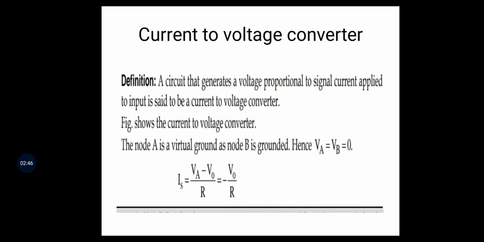So one of the main applications of the current to voltage converter is photocells, photodiodes or photovoltaic cells.